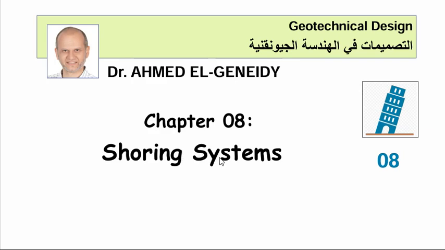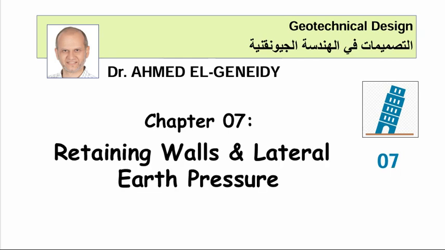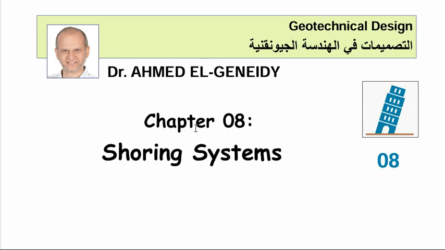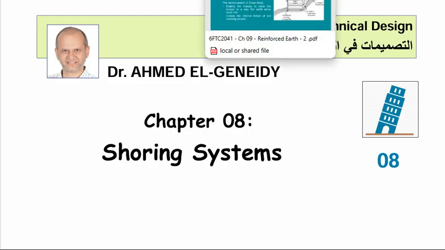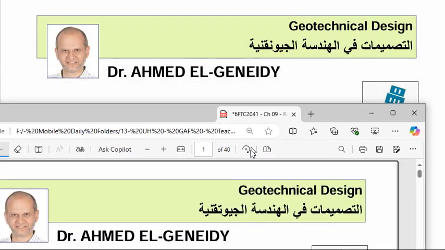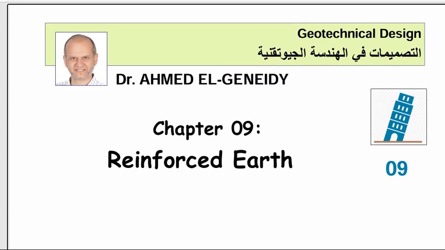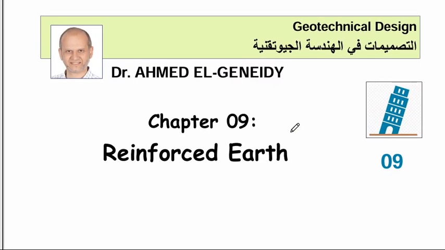So shoring system is a type of retaining wall, but it is the type that is used for temporary casing. Now we are going to study another thing, which is the reinforced earth.